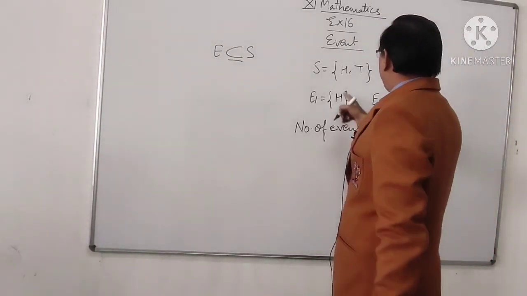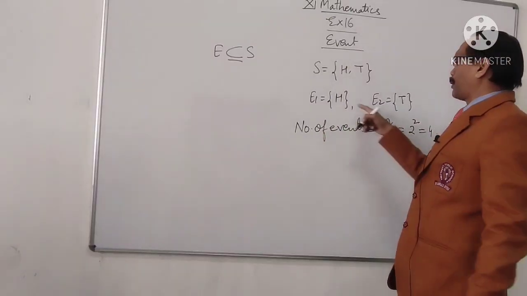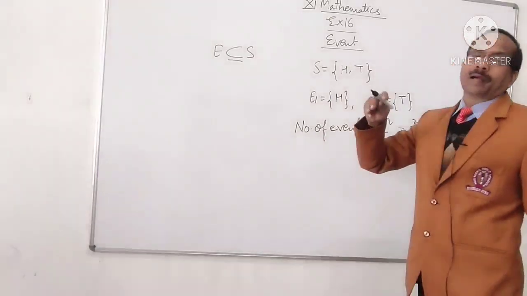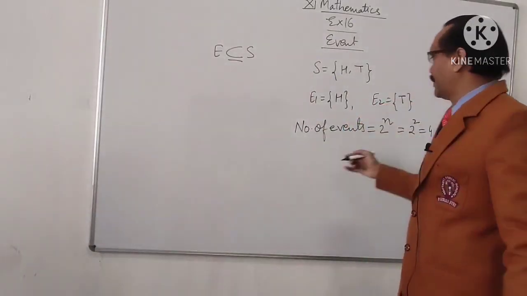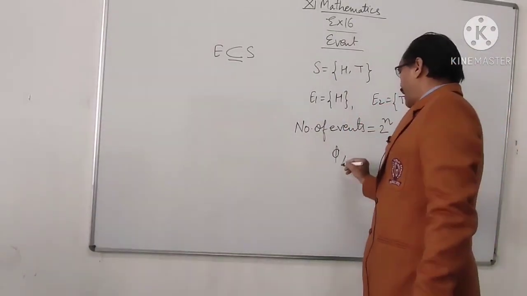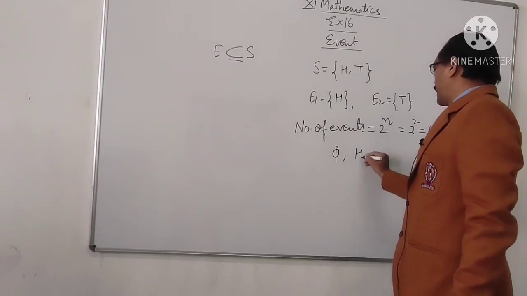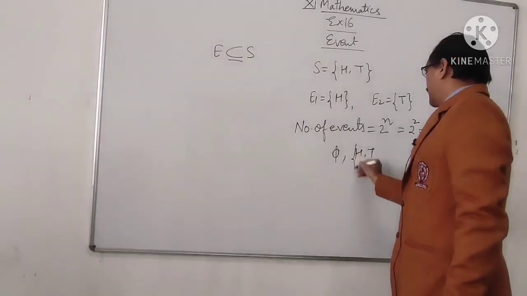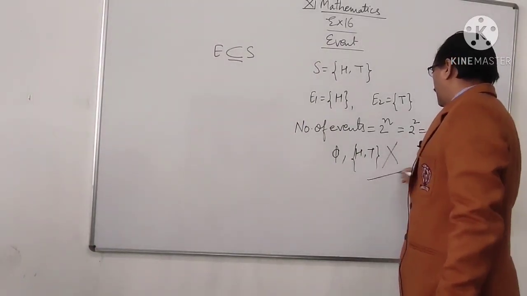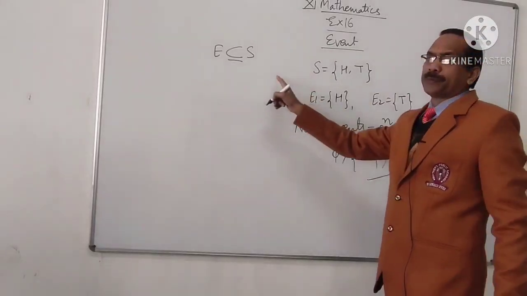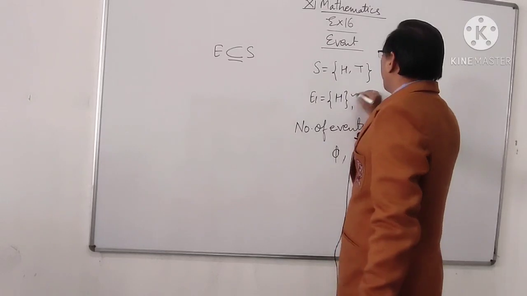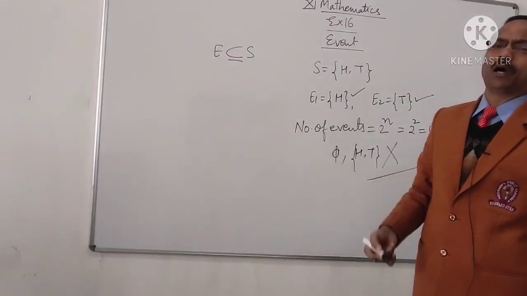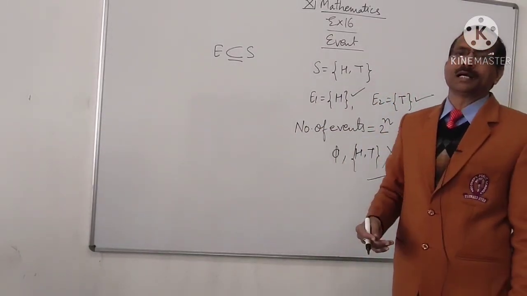But there is a case not possible here: when tossing a coin, neither head nor tail coming, and both head and tail coming. So these cases are not to be considered here, right? So for proper outcomes or events, there are only two, right? When head is coming or tail is coming on tossing a single coin.